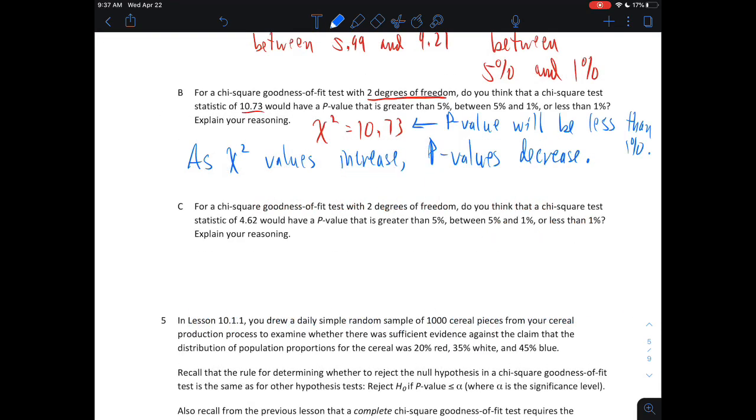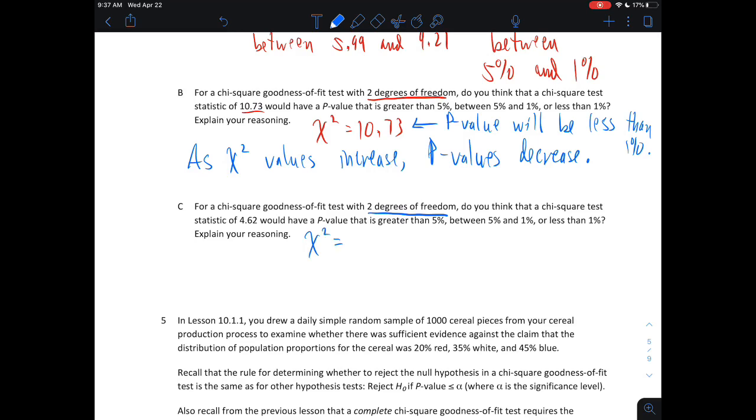And then finally, part C. For a chi-square goodness of fit test with 2 degrees of freedom, again, same degrees of freedom, do you think a chi-square test statistic of 4.62 would have a p-value that is greater than 5%, between 5% and 1%, or less than 1%? Explain your reasoning.